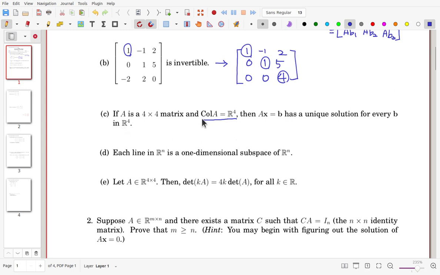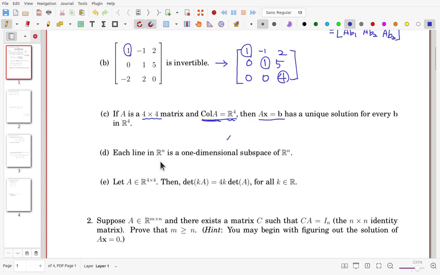The column space of A is R4 means that this has a solution, and because it's a square matrix, the matrix multiplication is onto, so it must also be one-to-one. That means the solution must be unique. So it is true.